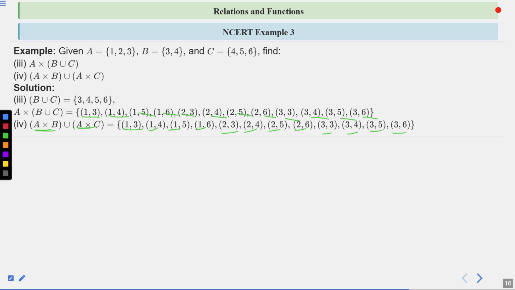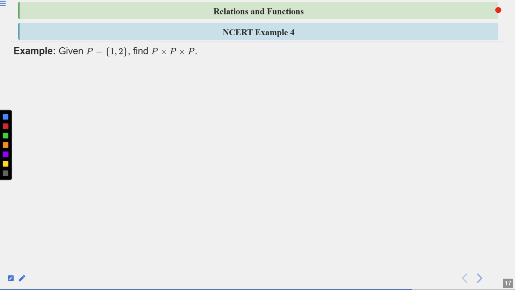Moving to next. Now, an interesting example. Here, if P is a set with 2 elements 1, 2, then find P cross P cross P. Very simple. We have seen a related remark. So, solution.